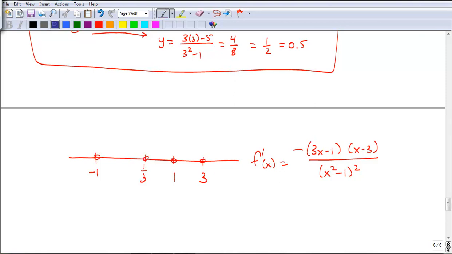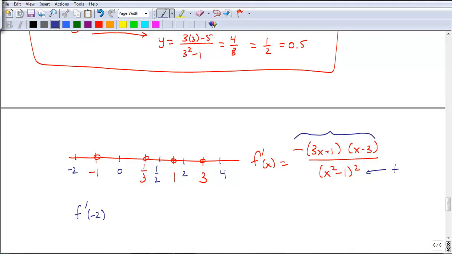So I'm going to test around these, maybe at negative 2, at 0, at 1/2, at 2, and at 4. And I'm going to be plugging these into the first derivative. Notice the bottom is always going to be positive because I'm squaring it, and a square is always positive, it's never negative. So the only thing I have to worry about is whether the top is positive or negative.